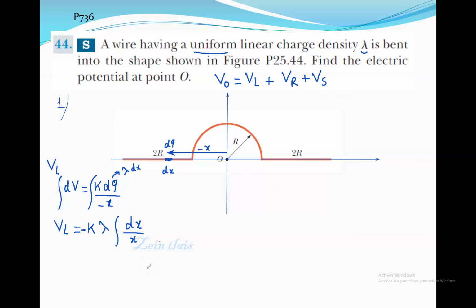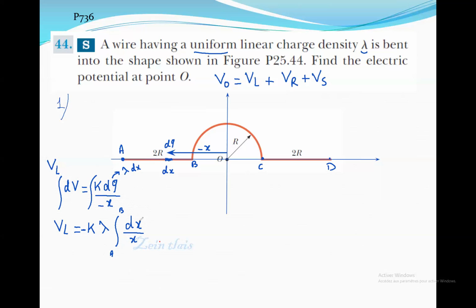About the limit, it must be from the negative value toward the positive value. Let's say from the point A to the point B. The same for this road, I take from the negative value toward the positive value, from C to D. So here I take from the position of A to the position of B.